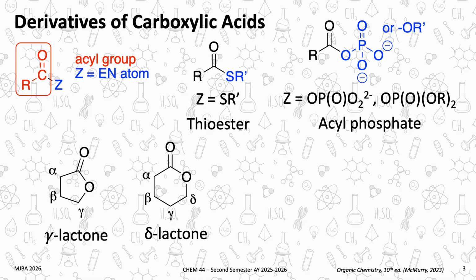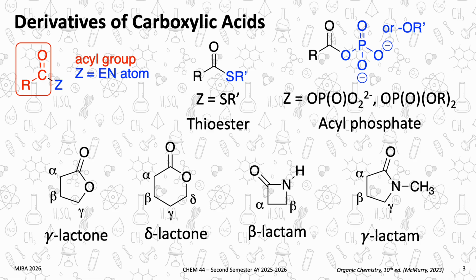To name a lactone, to differentiate one lactone from the other, we count the number of carbons in the ring and identify it accordingly with the Greek symbol: alpha, beta, gamma, delta, epsilon, and so on. In this case, this is a gamma lactone. It has a 5-membered ring with 3 carbons. This one is a delta lactone, a 6-membered ring with 4 carbons.